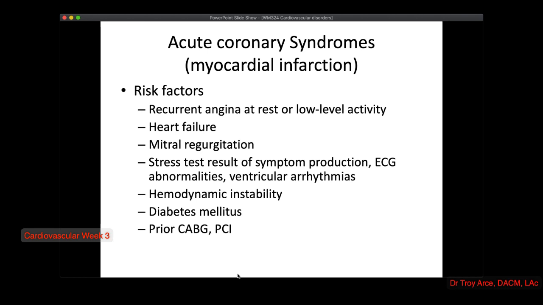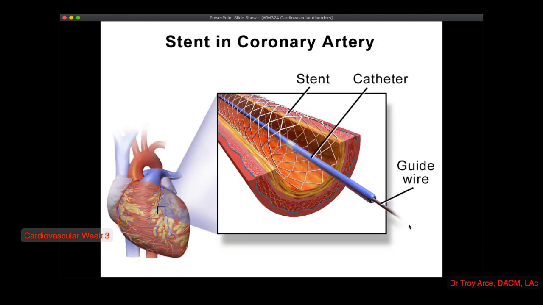And the stent is delivered from a balloon, from the angioplasty catheter. It's kind of a trip. So here's a picture of it. There's a guide wire, and here's the stent material.